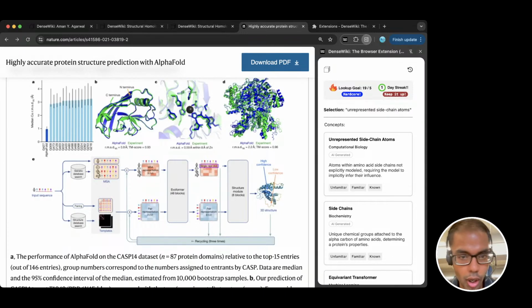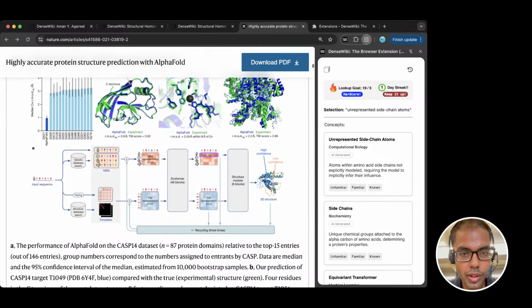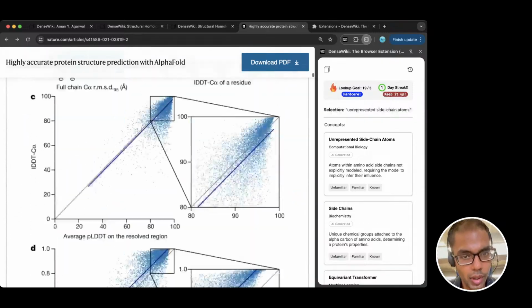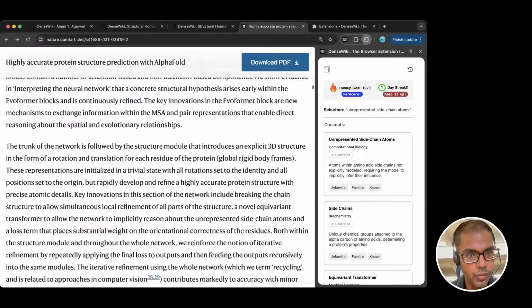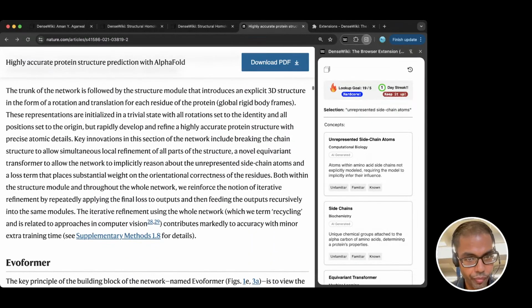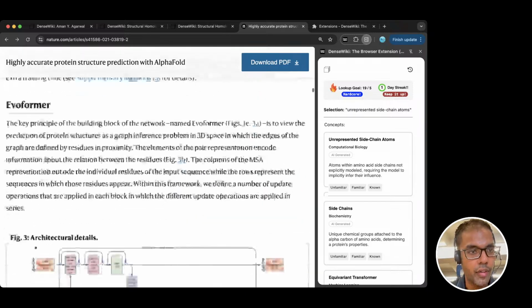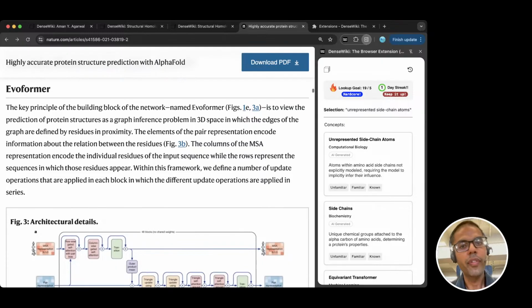Like, you're not doing well here, you're not doing well here, right? So these are constantly trained, retrained, and retrained all the time. Okay. Marks accuracy with minor extra training time. Okay, fair enough. And finally we will get to the Evoformer.